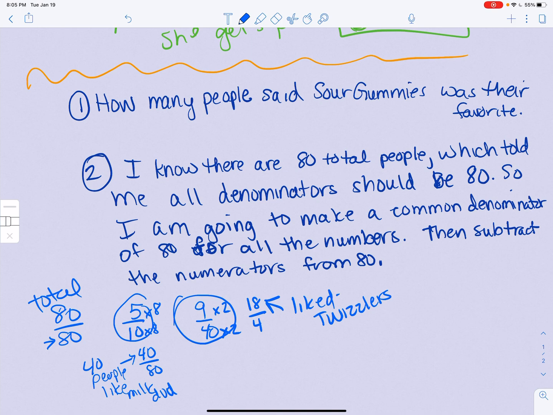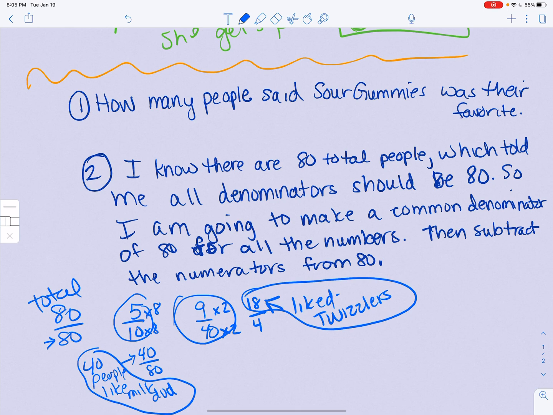But I want it to make sense on how you get there, because in the real world, you're not going to write, well, X is 40 and so on. You're going to figure it out the same way that I am. So if I know 40 people liked Milk Duds and I know 18 people liked Twizzlers, there was a total of 80 people.